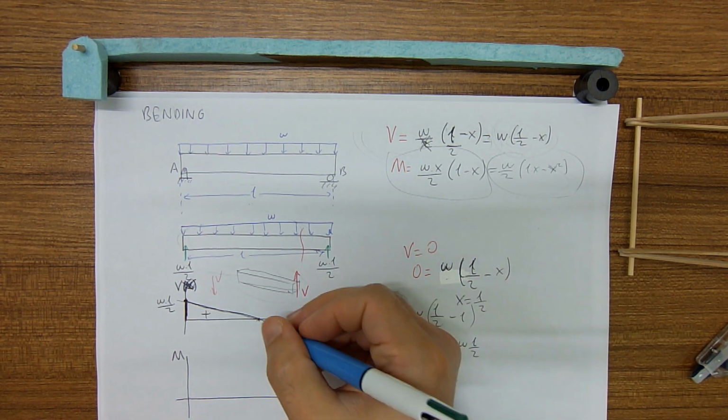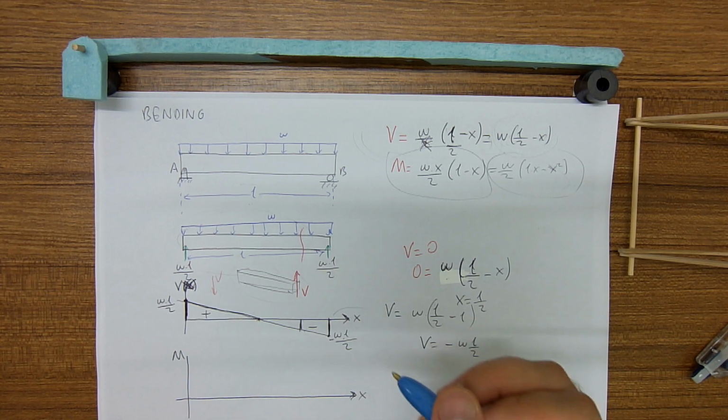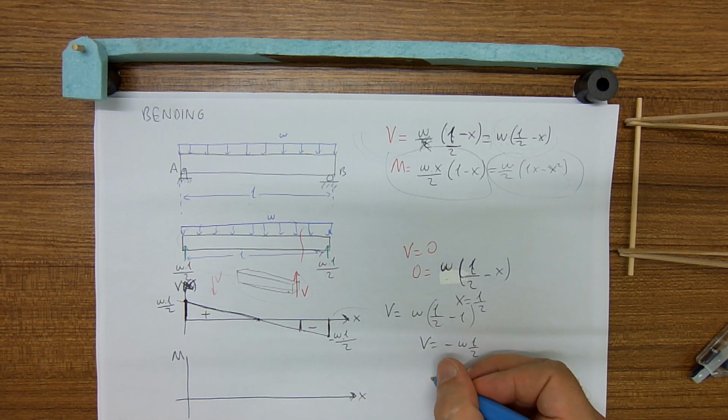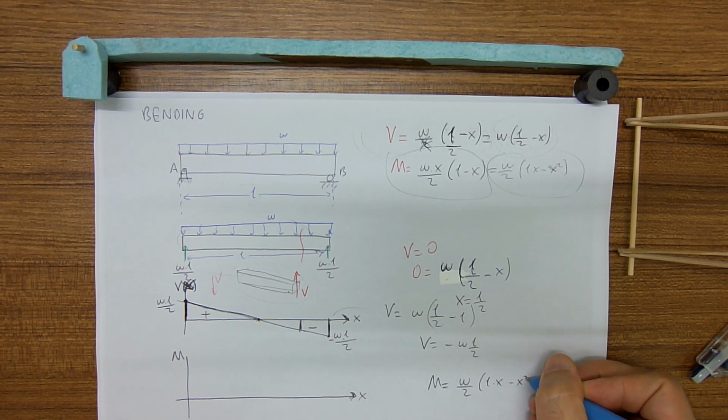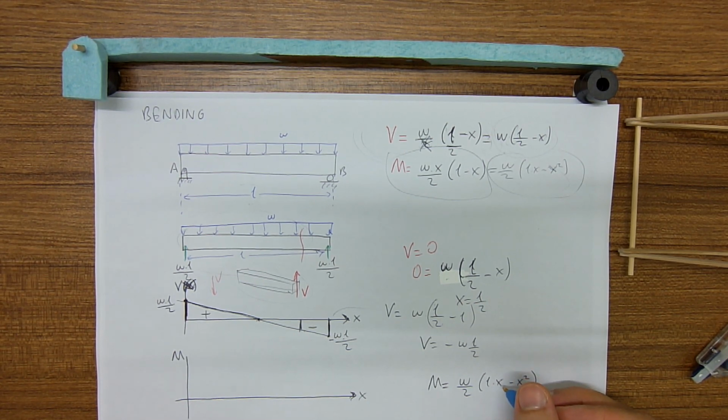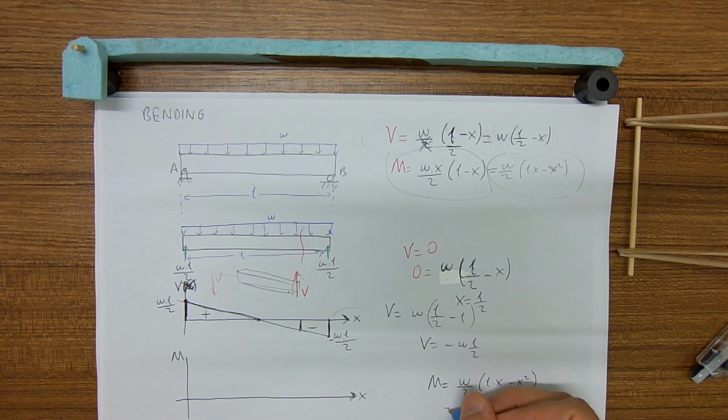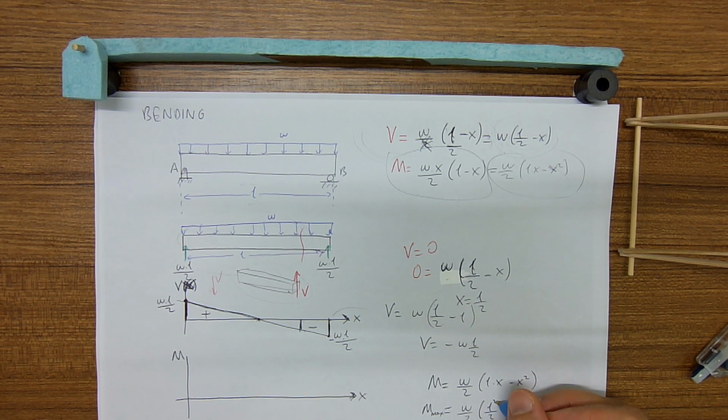Therefore, for this point, which is L over 2, if we substitute x by L over 2 inside the moment equation, we obtain the maximum bending moment: W times (L squared over 2 minus L squared over 4).